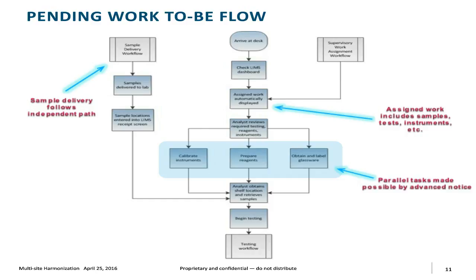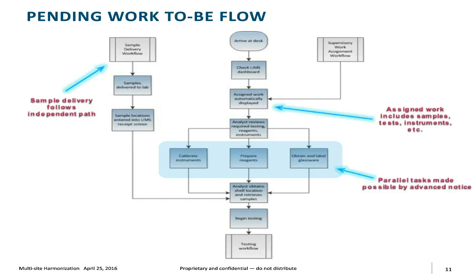So these tasks in this example are made and we can do these in parallel by the fact that advanced knowledge of the work to be done allows us to do these things kind of offline prior to the samples actually showing up. The problem is that in the old workflow, the starting gun didn't go off for the day until the analyst looked and got their samples for the day.